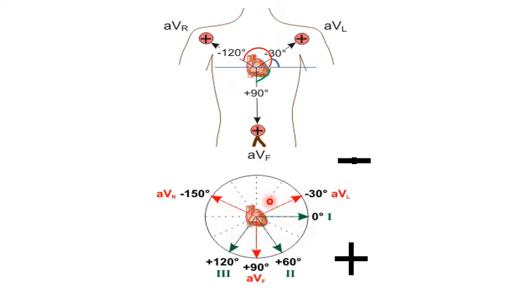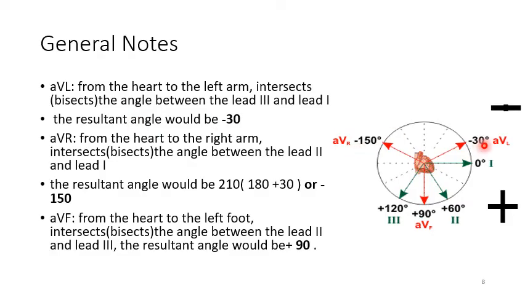We have 2 leads that are in the negative side of the circle, and 3 leads in the positive, and 1 horizontal, which is lead 1. So AVL is here. It actually bisects the angle between lead 1 and the extension of lead 3 here. So it's going to be minus 30 because it's in the upper half of the circle.